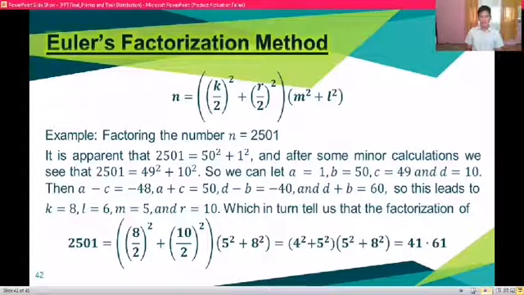Kang Euler is sum of two squares, kang Fermat pod kay difference of two squares. So, related lang na sila dito. Lahi ang pamaagi ni Fermat. Pero ang Fermat, dili na nato na i-discuss diri sa atong session karon.